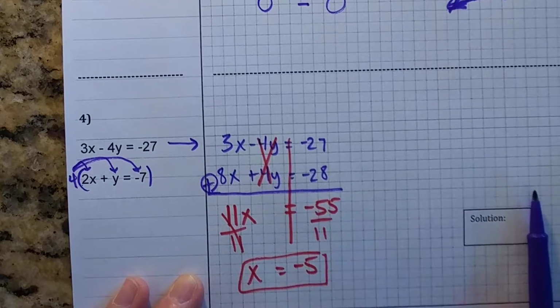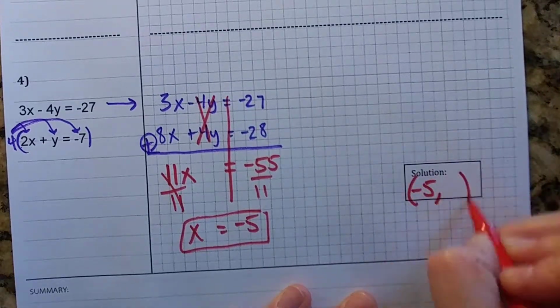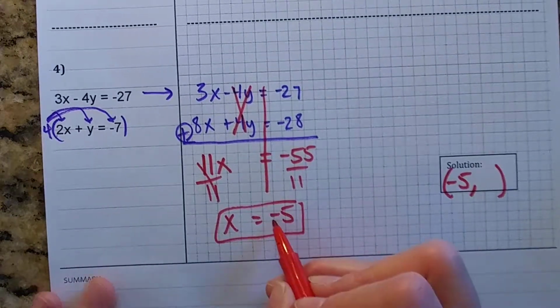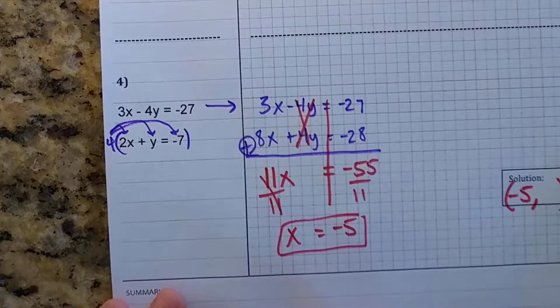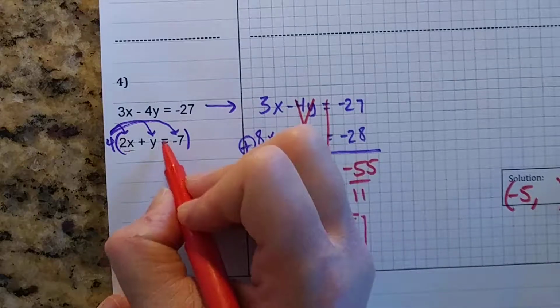X equals negative 5. Looks like we're going to get a solution on this one. I have an x coordinate, so now I need to find the y. Now remember, to find the y coordinate, you have to plug in x into either one of the equations. I'm just going to use the one that's right here at the bottom because I have some workspace.